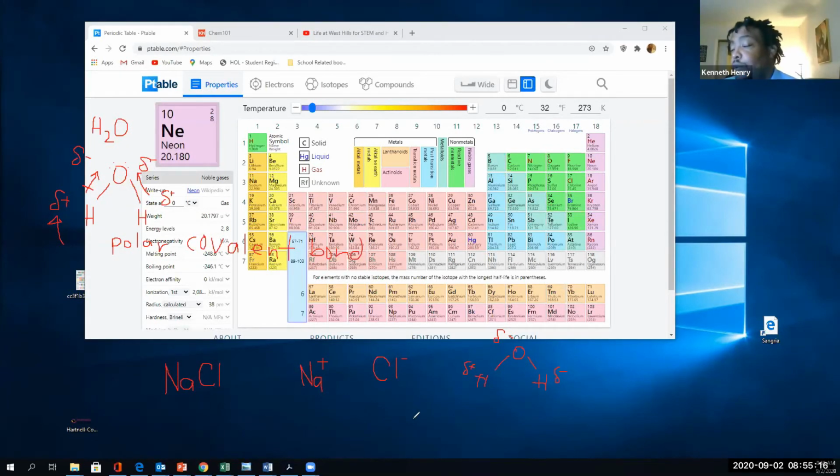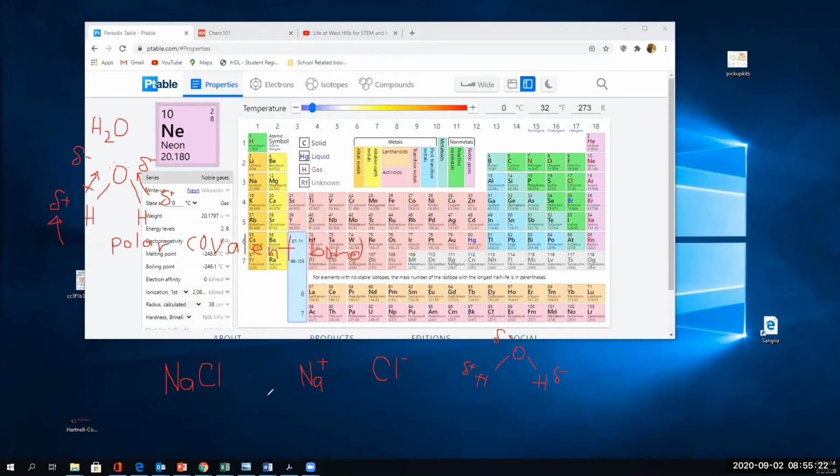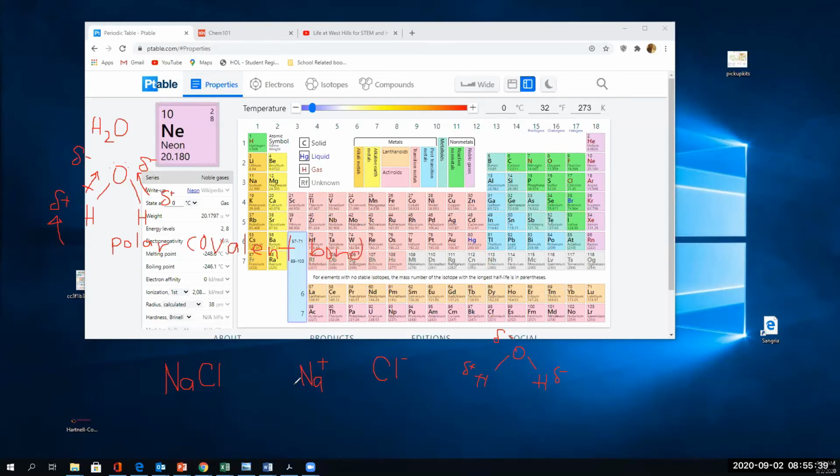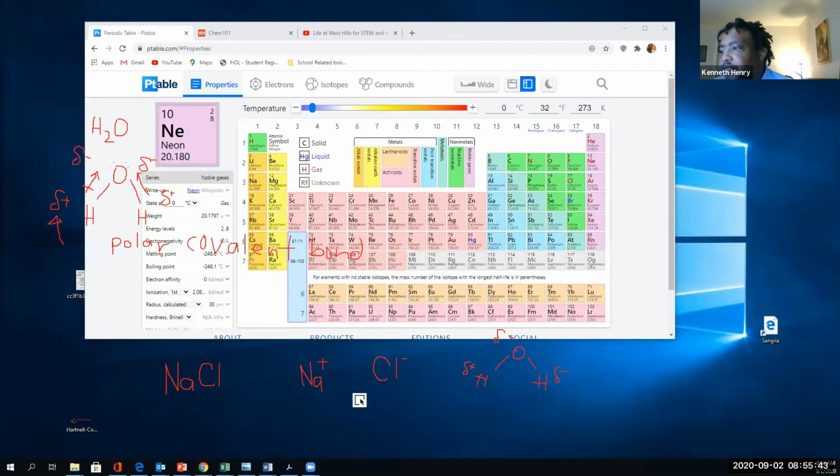If I have salt broken down, I have the chlorine and I have the sodium. Because it dissolves, who's the partial positive H going to interact with? Is it going to interact with the chlorine or with the sodium? The chlorine. Why? Because it is negative. That's right. Because this guy is negative, it's going to get surrounded.